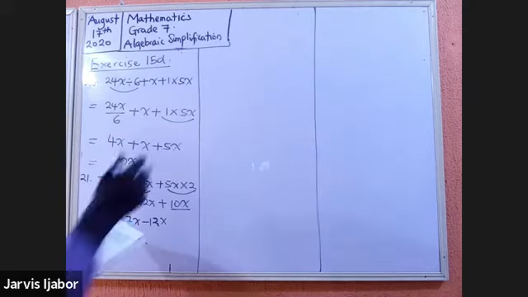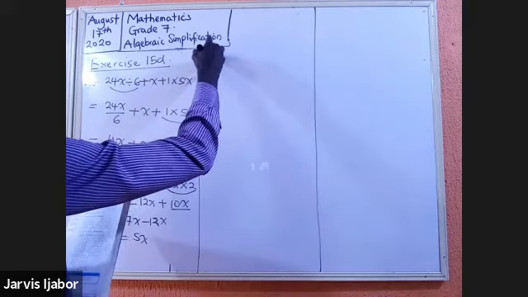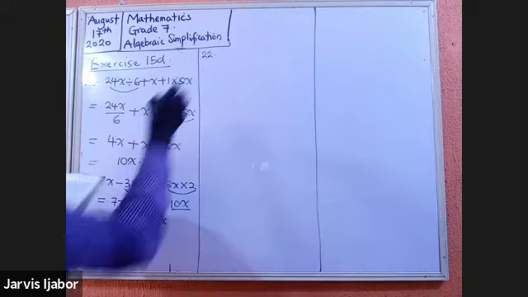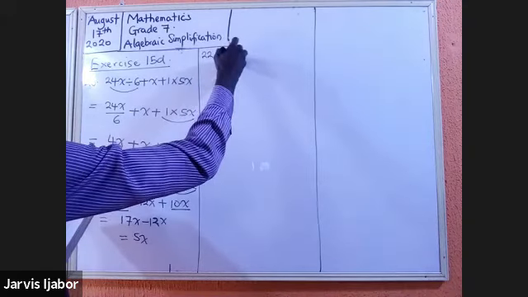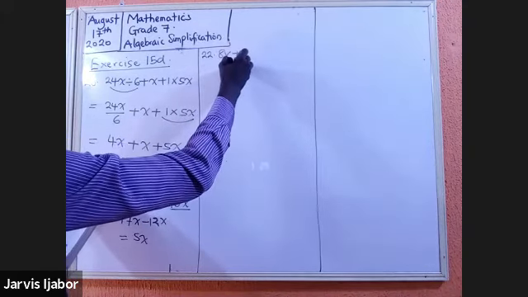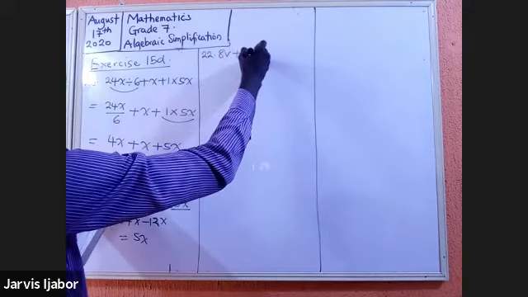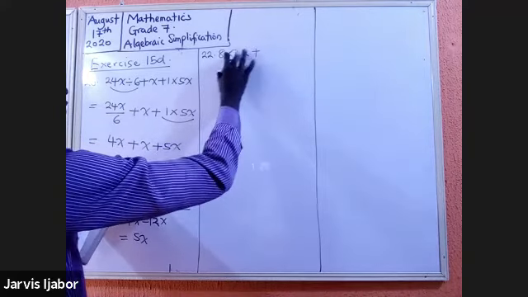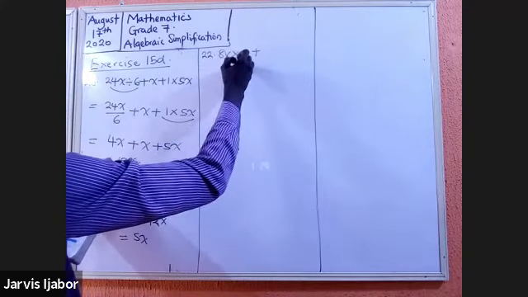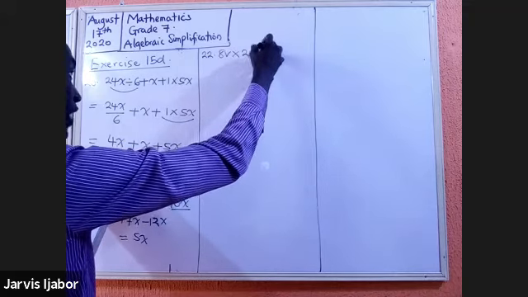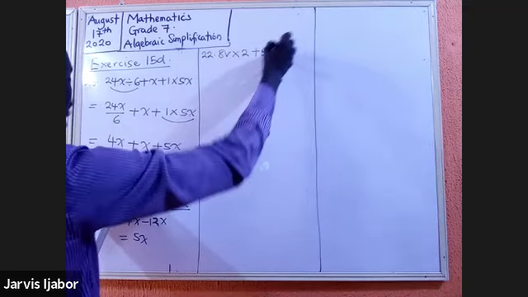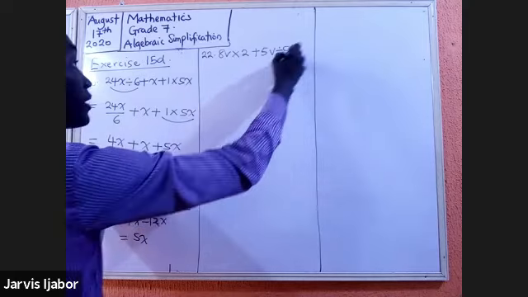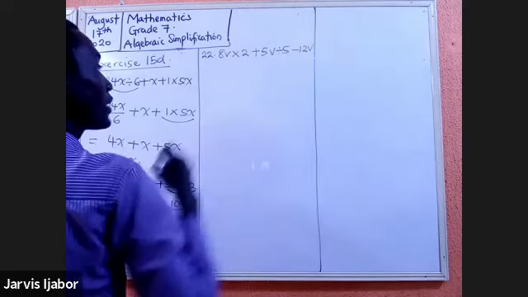So let's see question 22. In question 22, you have 8v plus 2 plus 8v times 2 rather, plus 5v divided by 5 minus 12v. So how do you do that?